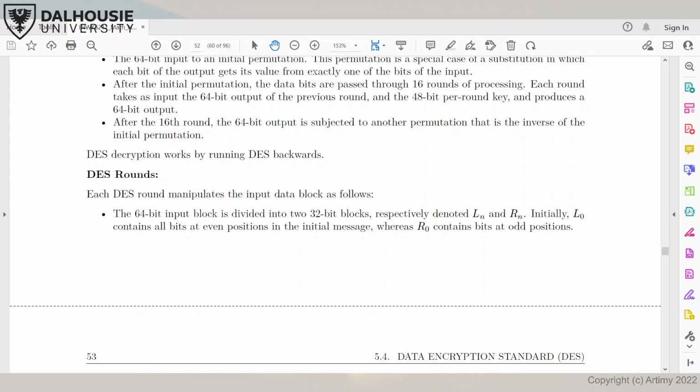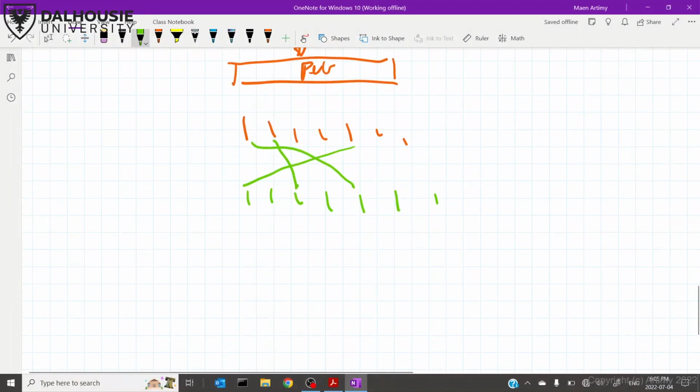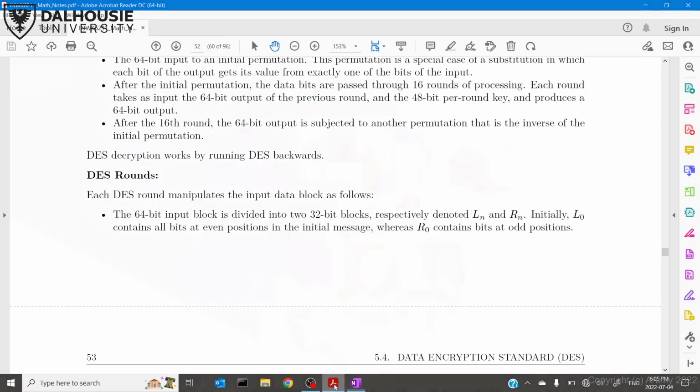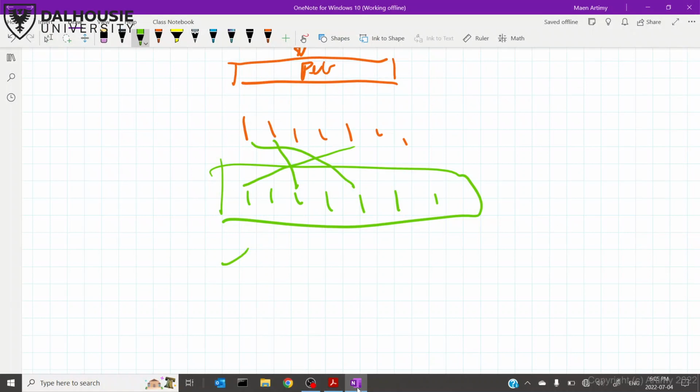So when we have the 64-bit input after the first permutation, we take all the even numbers. L0 contains all the even-numbered bits. So let's say the green.